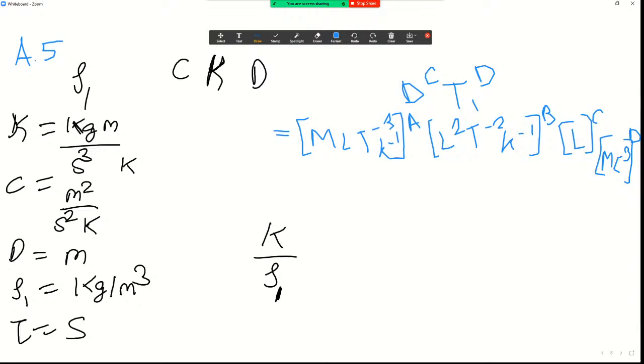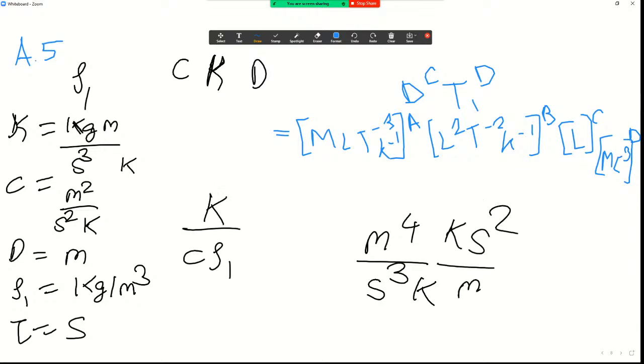So if we multiply, then the dimension left would be m^4 by s^3 K. And to cancel out K, we have rho 1 of dimension K s^2 by m^2.